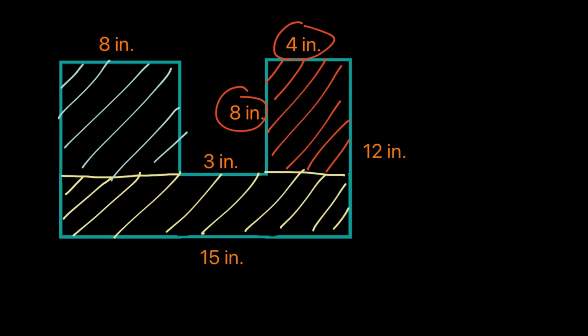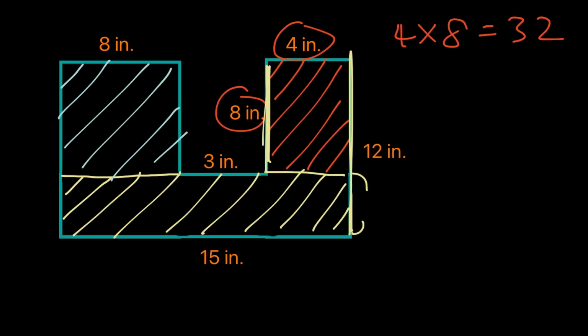So we have 4 times 8, 32. The yellow region, we are missing this width. Since we know the total length here is 12 and the length here is 8, we could take 12 minus 8 equals 4, and that gives us 4 inches here.